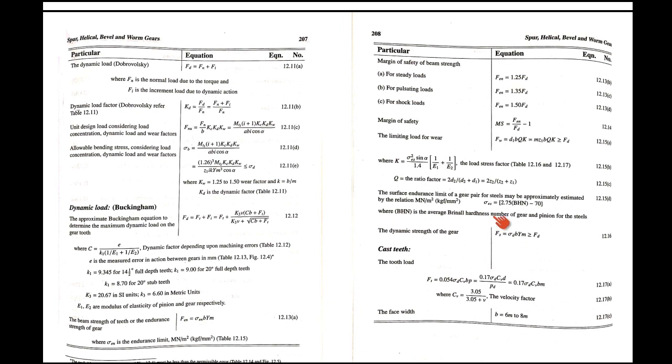Even if in the question they have given you the hardness value, suppose they stated that the gear has a hardness of 400 and pinion has a hardness of 350, then based upon that you can calculate the value of K and substitute it over here.